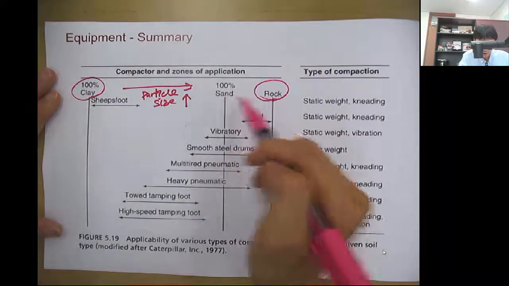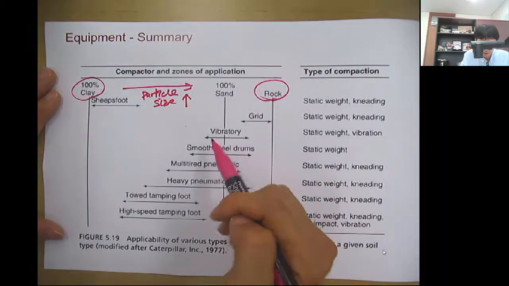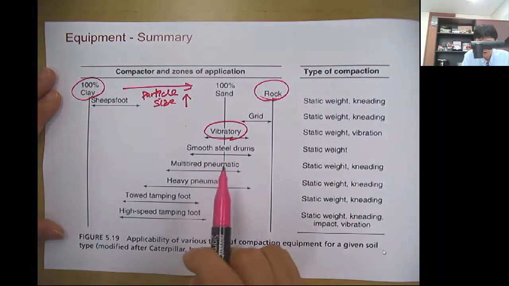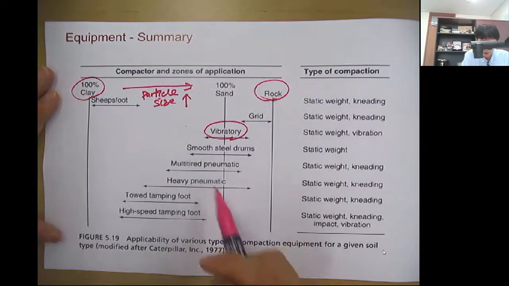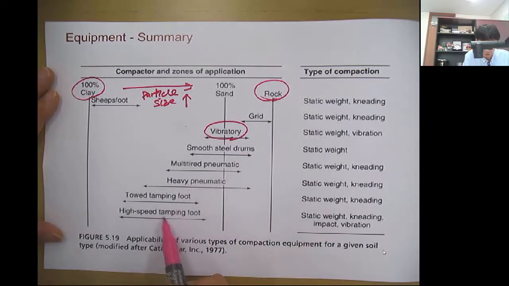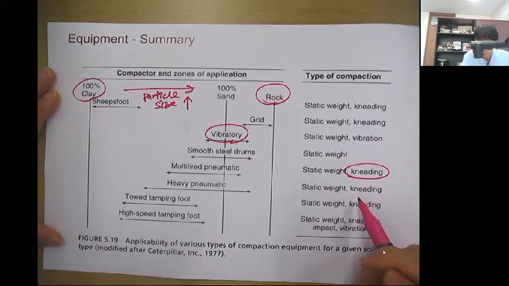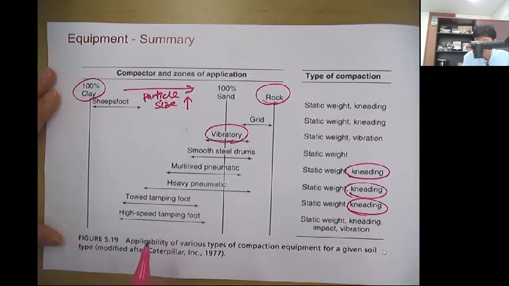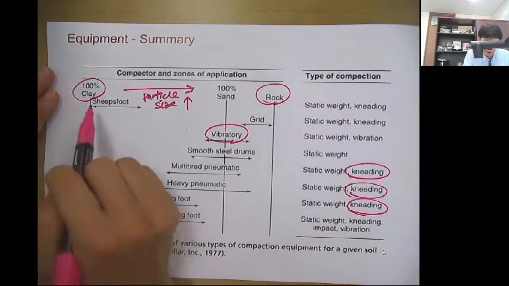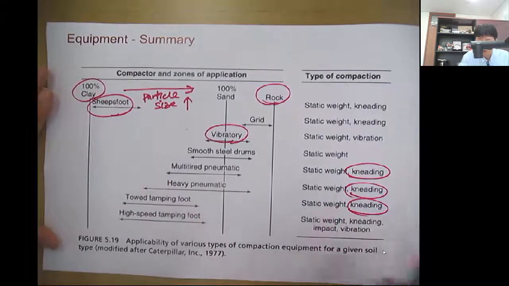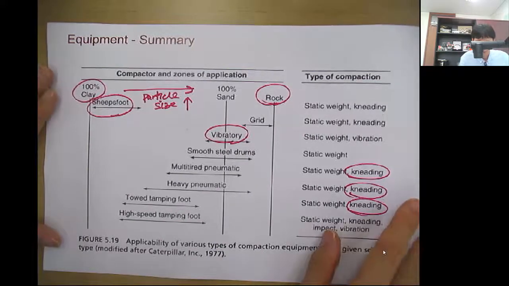For sand, rock, and gravel, you can see vibration is very effective. With smooth steel drum and pneumatic drum, as you go towards clay soil, you can see that the kneading effect is added more. And for clay, the sheep's foot roller is the best application.